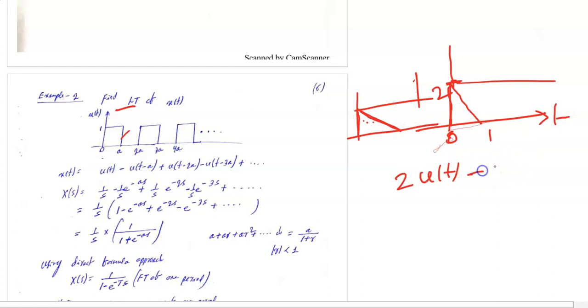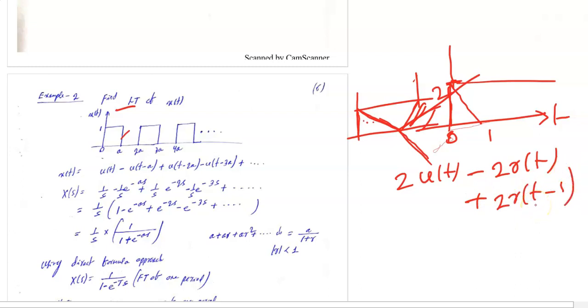So minus 2r(t). And when it comes down, then I have to launch a positive slope in this direction at t equal to 1, so 2r(t minus 1). This way you can do. Same way you can try this one, 2, 0, 1.